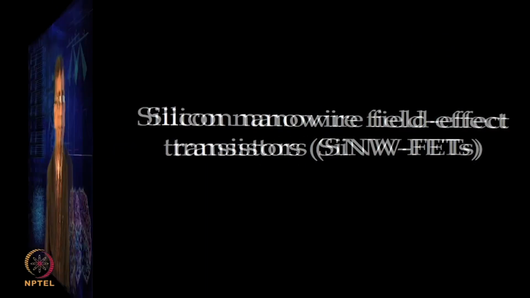Let us now discuss silicon nanowire field effect transistors. The semiconductor channel is placed between the source and drain electrodes with a gate electrode on the bottom to control the conductivity of the semiconductor channel.